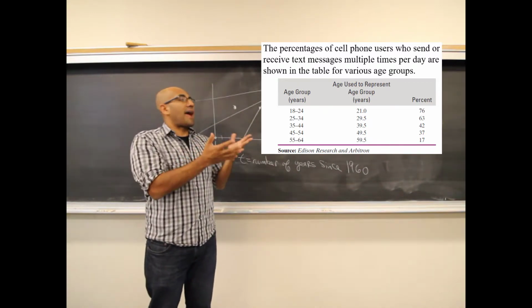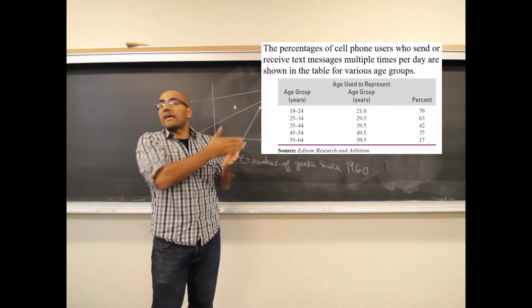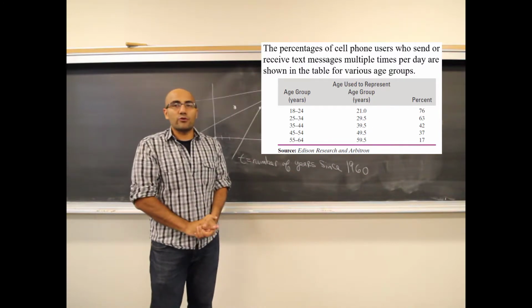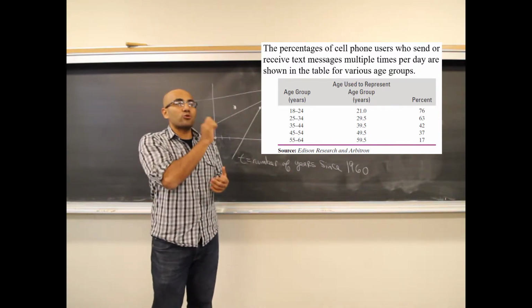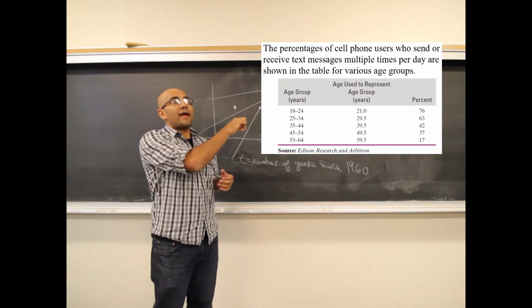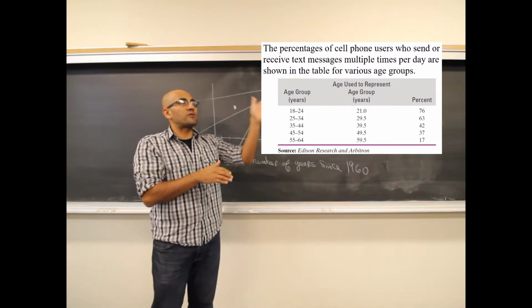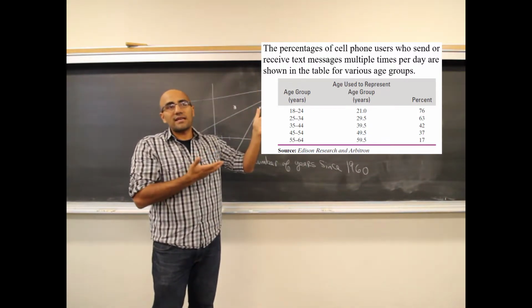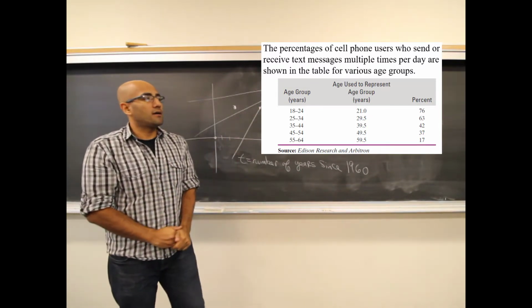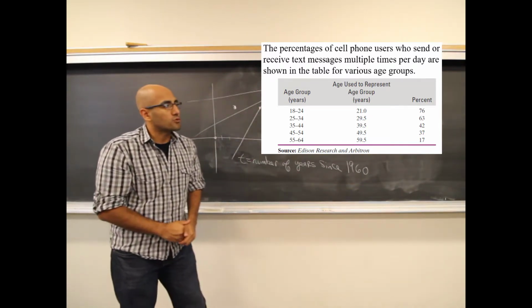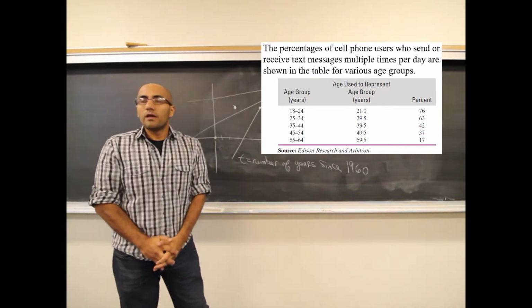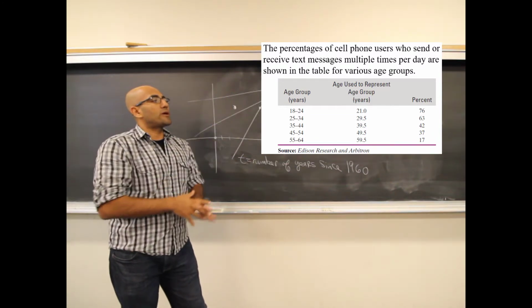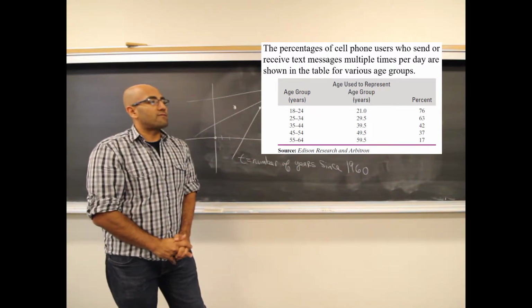A 29.5-year-old is sort of representative of that age group of 25 to 34. So we use a representative age value for that group, and now we're just going to work with the representative age value. That's how we deal with these grouped age groups. Good. Now we have a table we can work with. We got 21, 76.